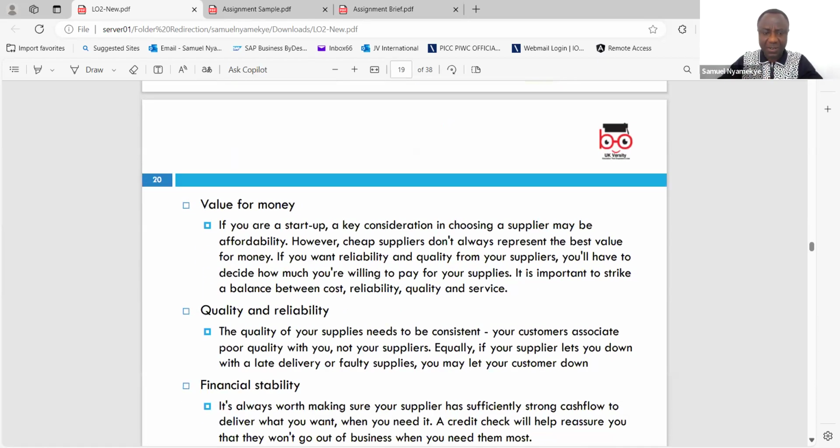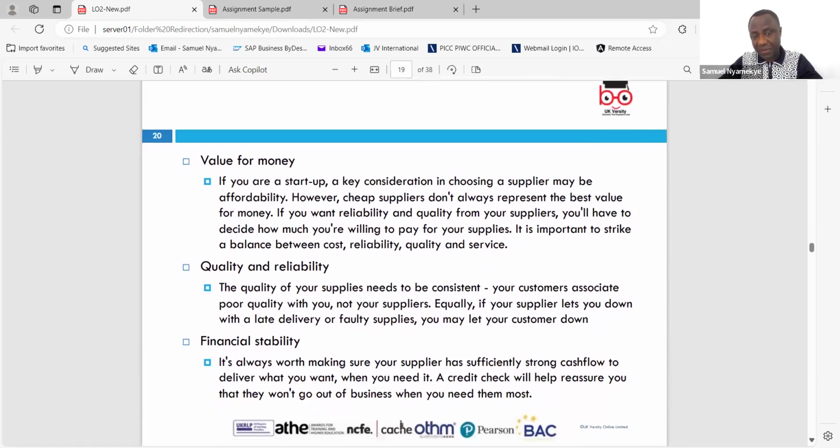So we've mentioned all this. For value for money, for instance, a consideration in choosing a supplier may be affordability. However, cheap suppliers don't always represent the best value for money.